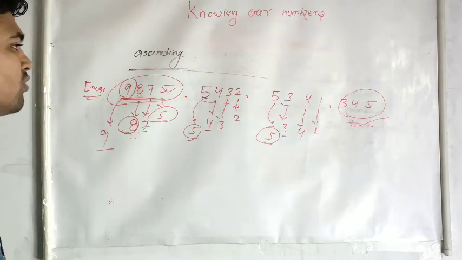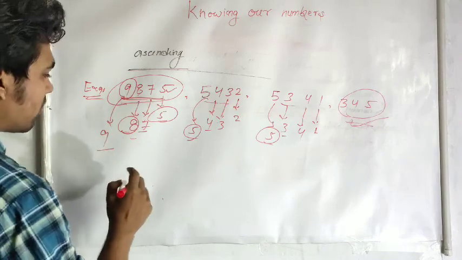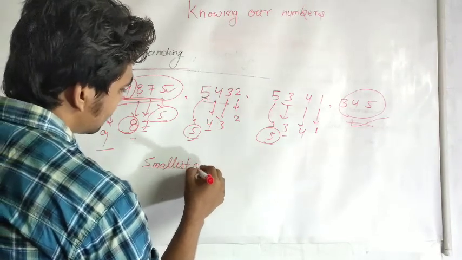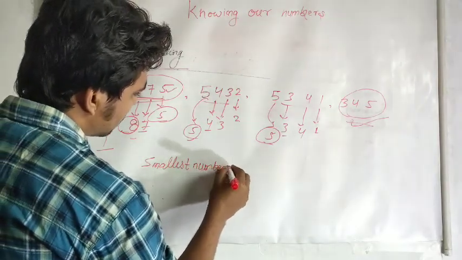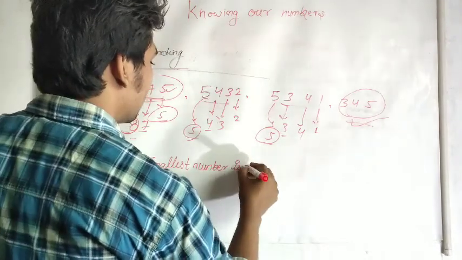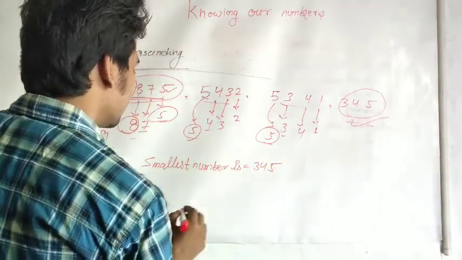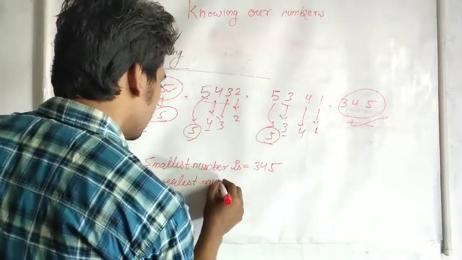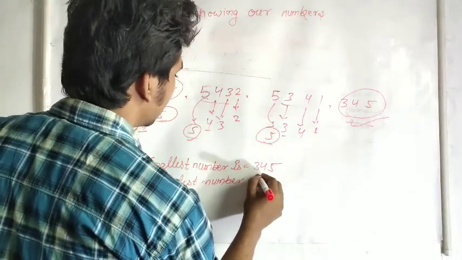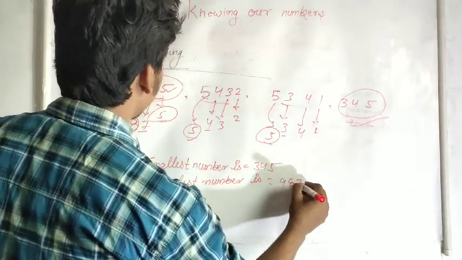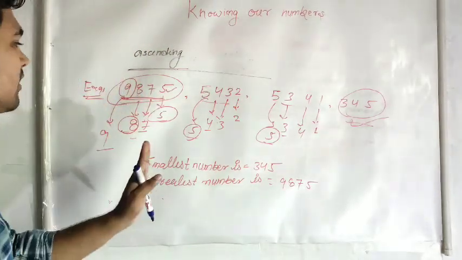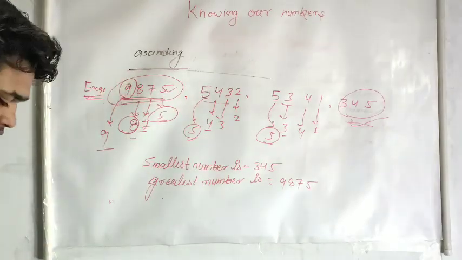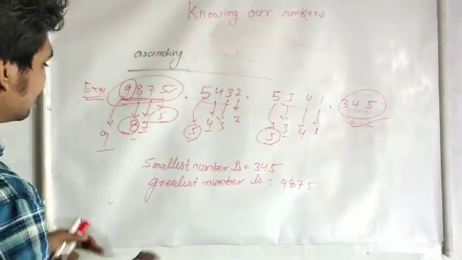So we conclude that the smallest number is 345, and the greatest number is 9875.